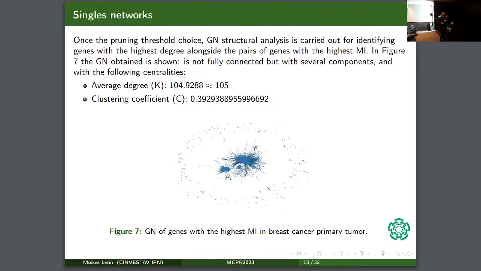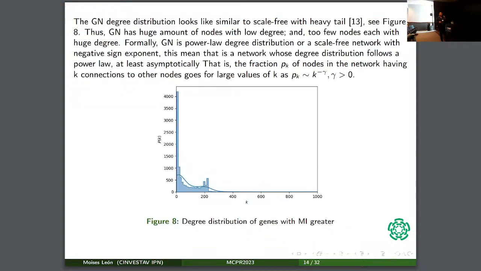Well, this is an example of a genetic network that we made. We can see that this is a locally connected genetic network, and we have an average degree of 104 interactions. This degree is the average number of connections that each gene has with other genes.